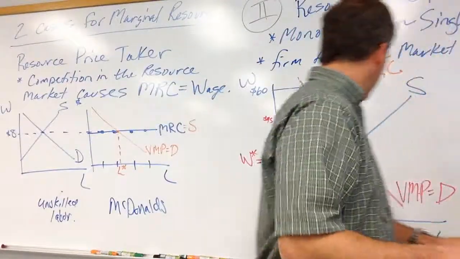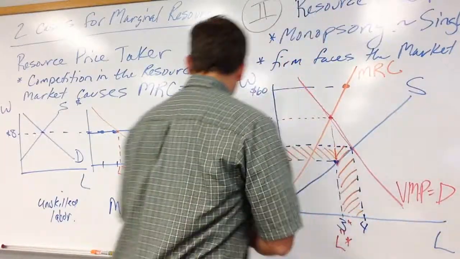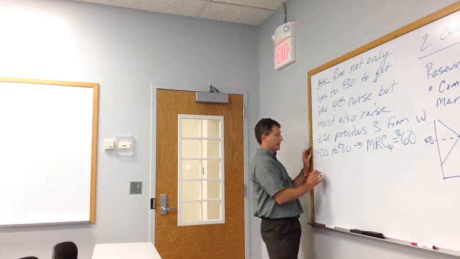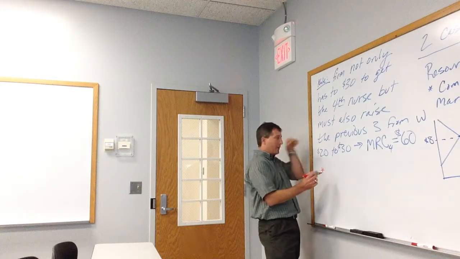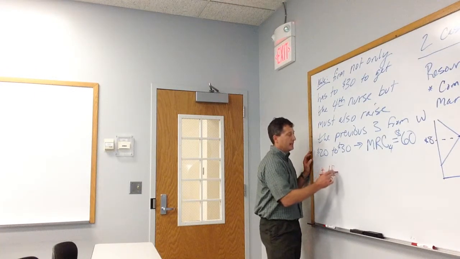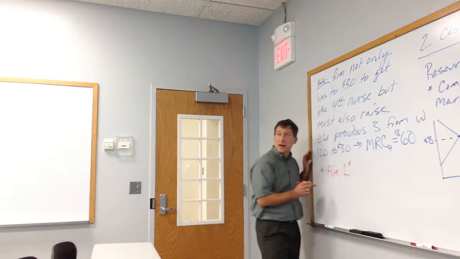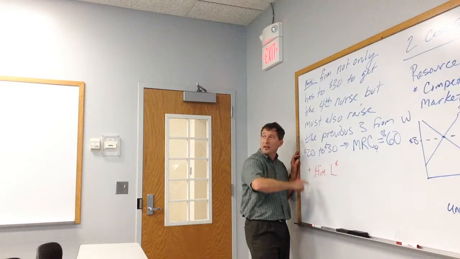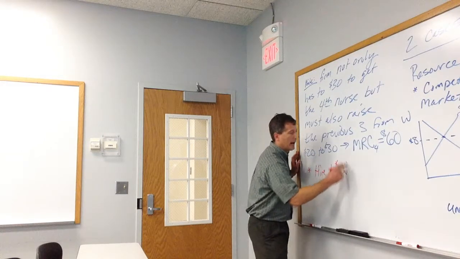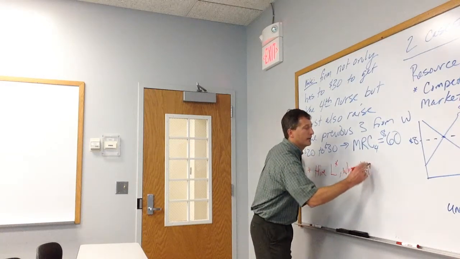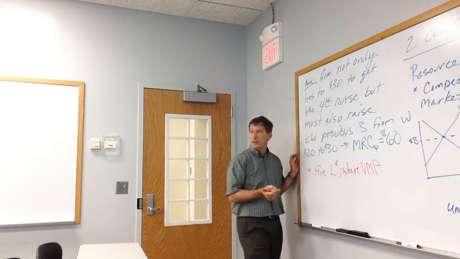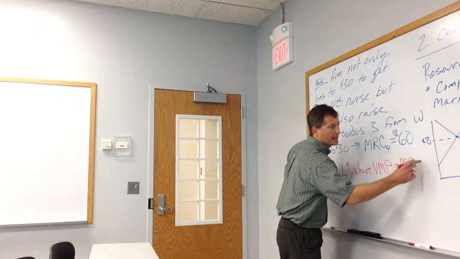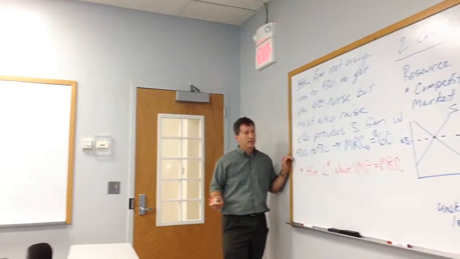All right. So let me write that down. Let's add this onto our notes. So we want to hire L star. This is, by the way, the abbreviated version of the does this make sense? Hire L star where the value of the last person hired in terms of revenue is equal to the cost of that last person to the company.